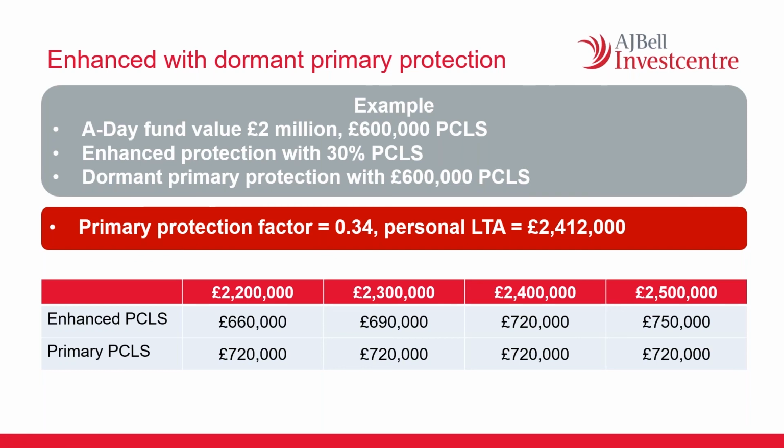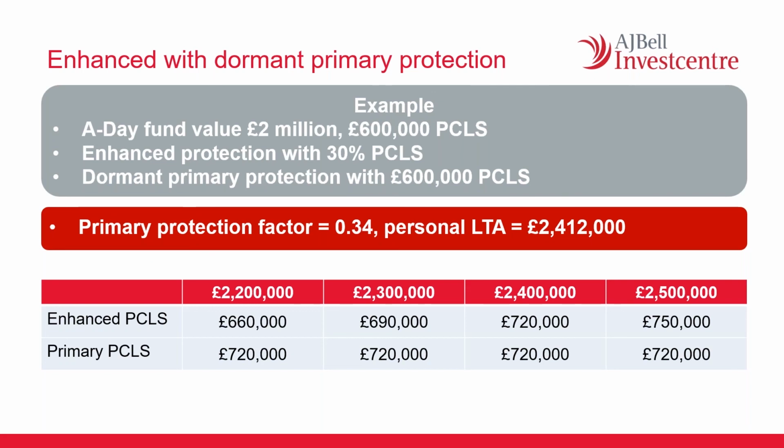So in those circumstances, you would be better off revoking the enhanced protection and taking primary, so you could get the enhanced level of PCLS. But that's because your fund value of 2.2 million is still below your primary protected lifetime allowance of 2.412. So you're still not going to have a lifetime allowance charge, and you can get more PCLS.